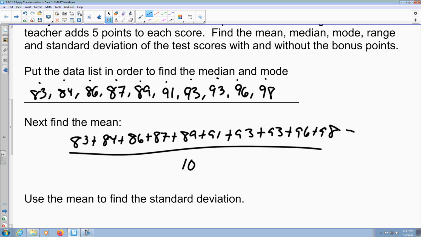So add all these up, and you should get 900. So 900 divided by 10, I get a mean of 90.